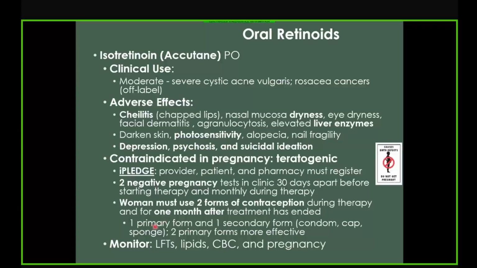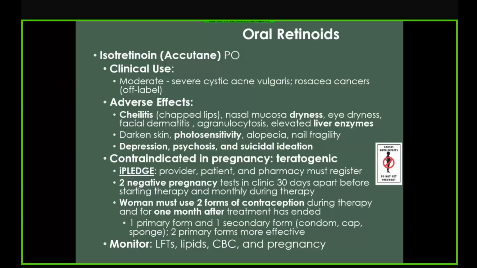So 1 primary form of contraceptive and 1 secondary form. A primary form could be that I am using birth control. Okay. I have an implant or an IUD. Those are considered a primary form.